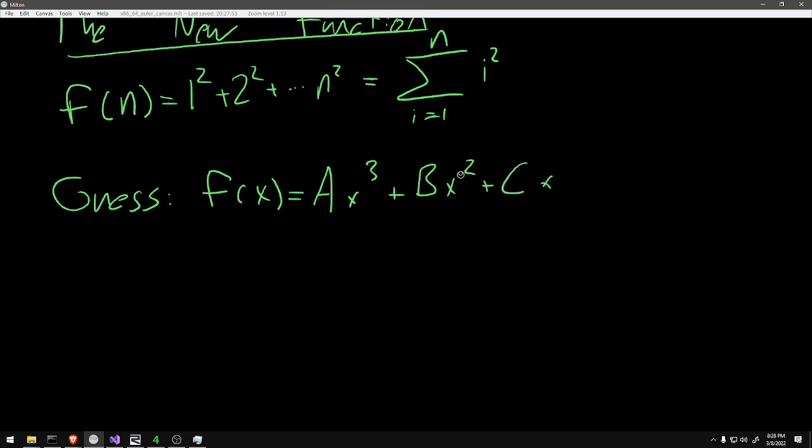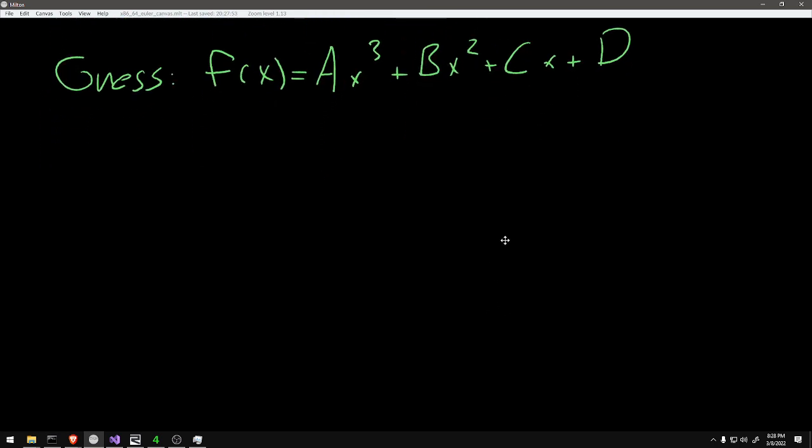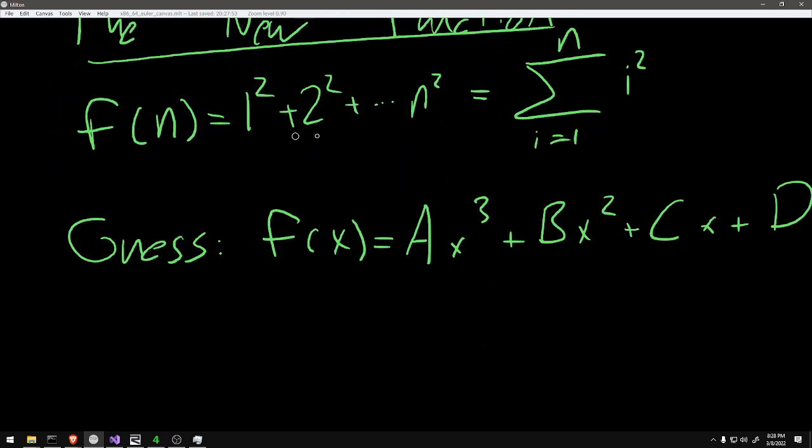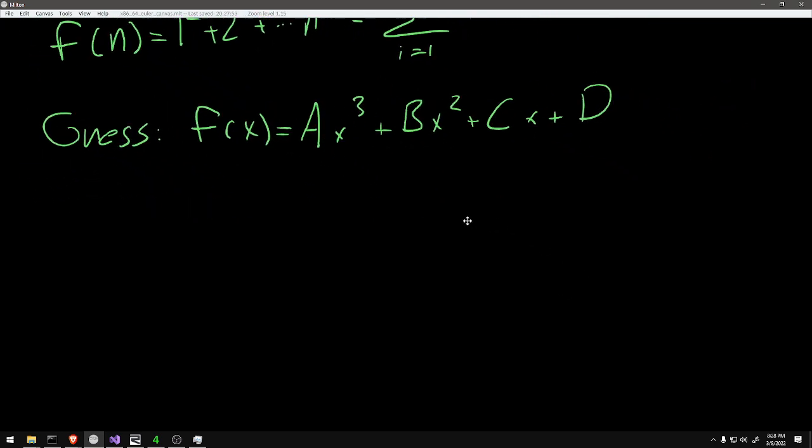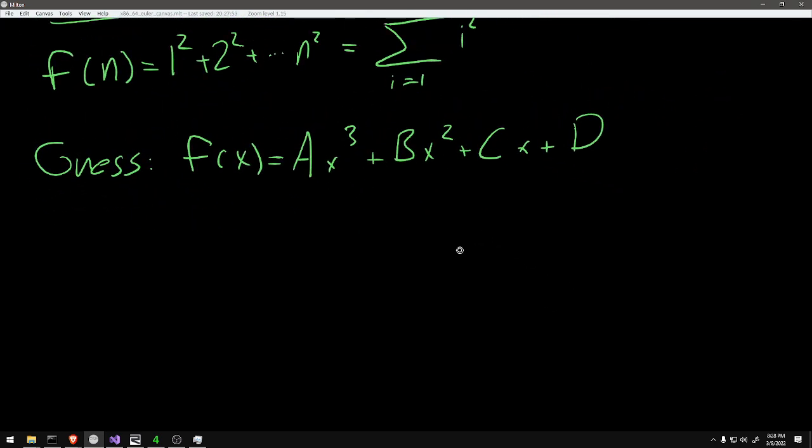We don't know if it has a cubic, quadratic term, a linear term, or a constant term. So we're going to just fill in the guess like this. We don't know the values of a, b, c, or d, but we're guessing we can find numbers a, b, c, and d that'll be somewhat tidy and explain exactly this function, right? And that'll be a closed form way to compute it then, if we can find that.